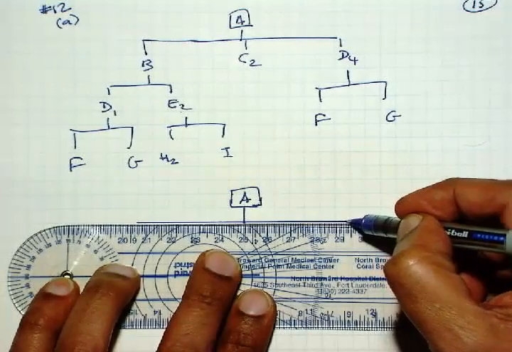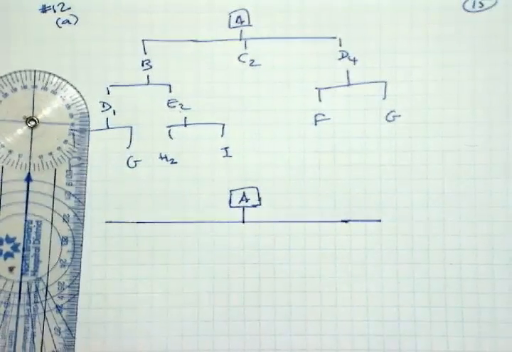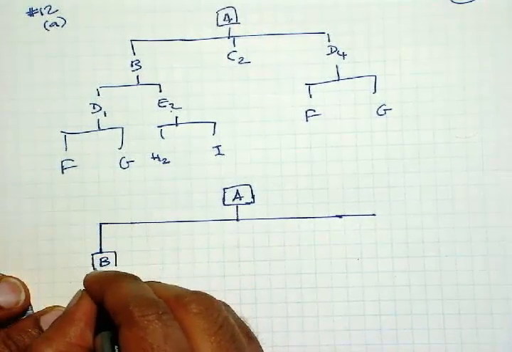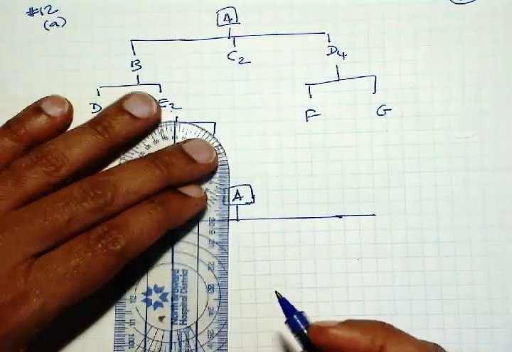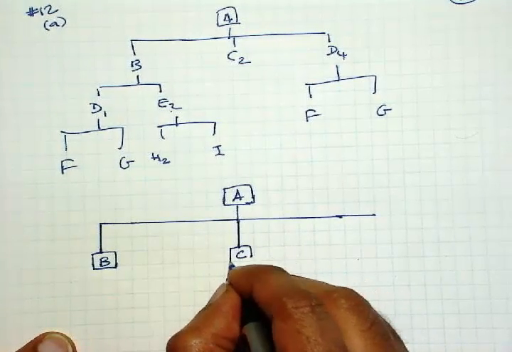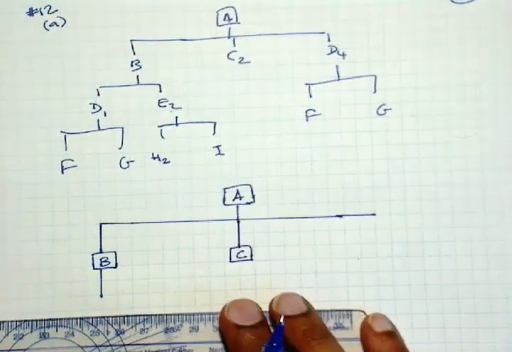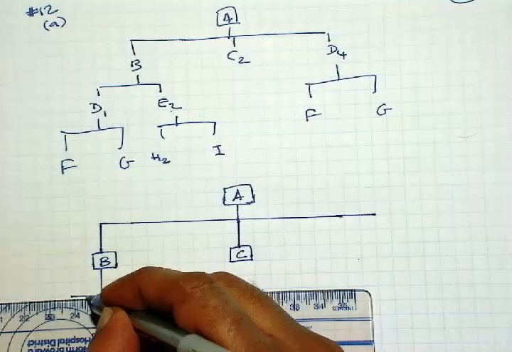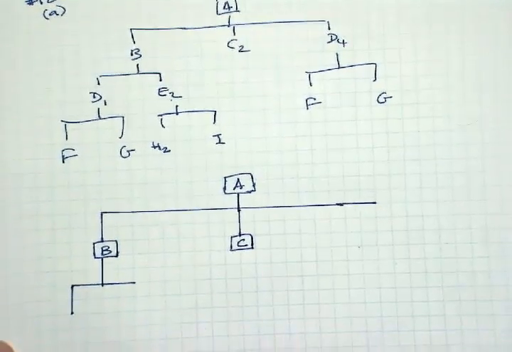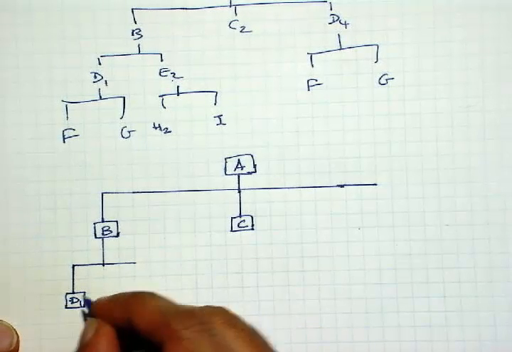So we have B, and C. Now below B is D and E. So we have D, and that's 1.